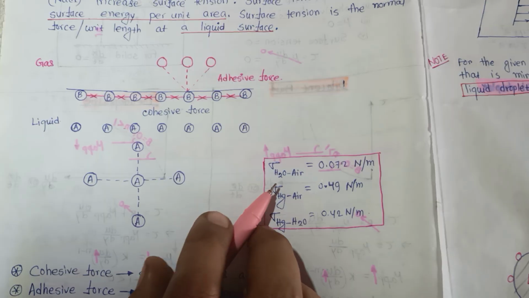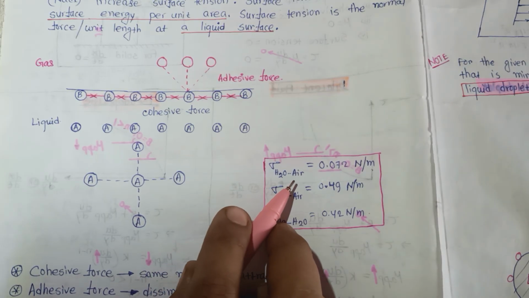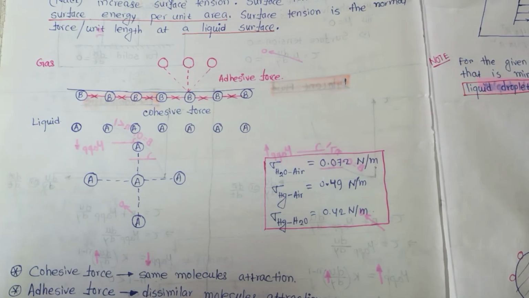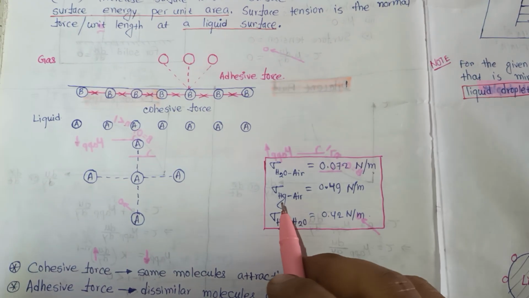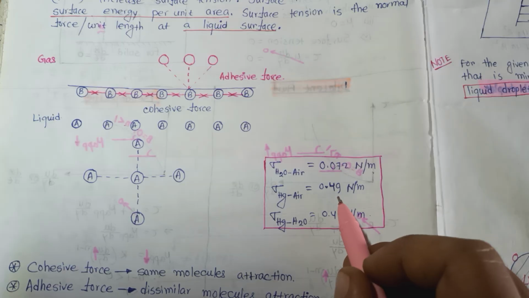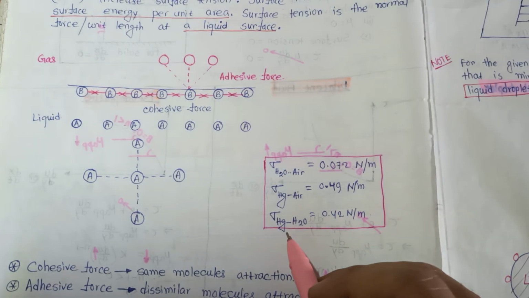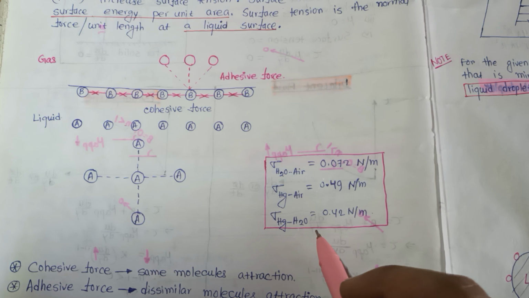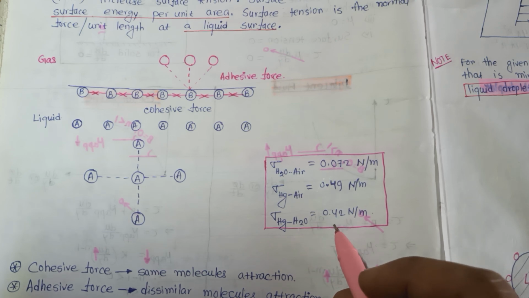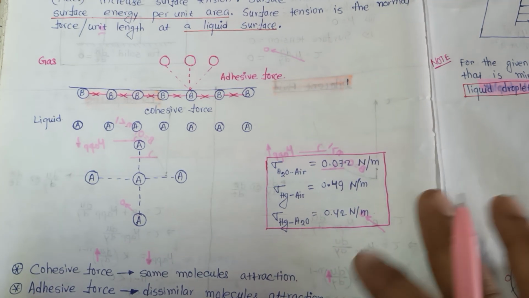Surface tension of the water-air interface is 0.072 Newton per meter. Surface tension of the mercury-air interface is 0.49 Newton per meter, and of mercury and H2O is 0.42 Newton per meter.